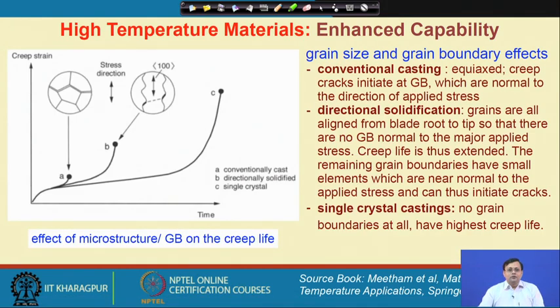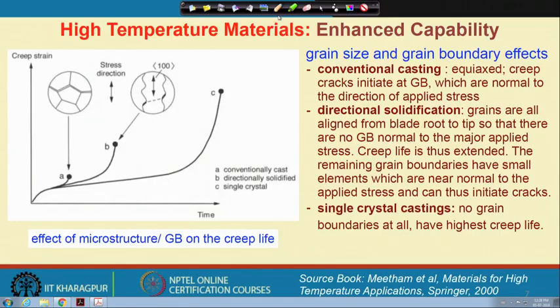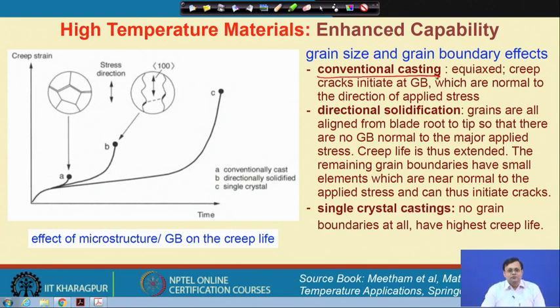Now, how to further improve that? Now, the second part I talked about was creep, because creep is also an important phenomenon for designing high temperature alloys. Now, here we will talk about different processes in order to control the grain boundary population. How? We can cast an alloy by a conventional casting method. Let us say a superalloy, or any alloy, we cast using conventional casting.